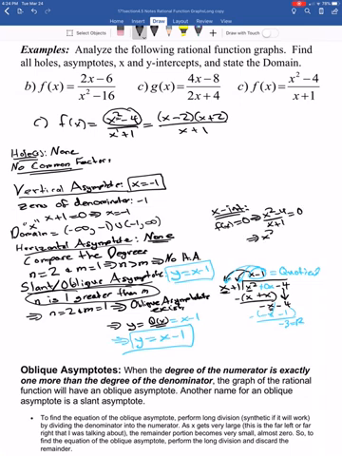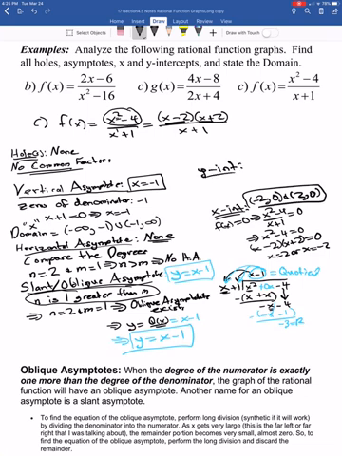That implies x squared minus 4 equals 0, which factors as x minus 2 times x plus 2 equals 0, so x equals 2 or x equals -2. Remember, it's the zeros of your numerator. We factored it earlier. So we have an x-intercept at -2, 0 and an x-intercept at 2, 0. There are two x-intercept points.